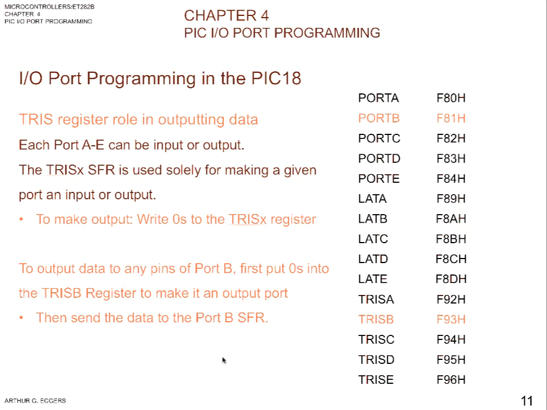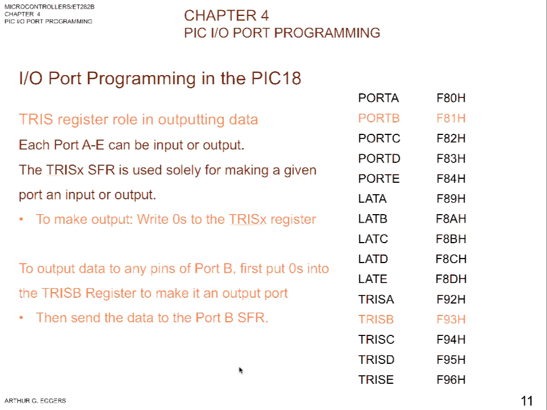Okay, so in this case, you can see that each of the ports identified here, port B, tri-state buffer B, has to be set in order to make the register function as you desire.